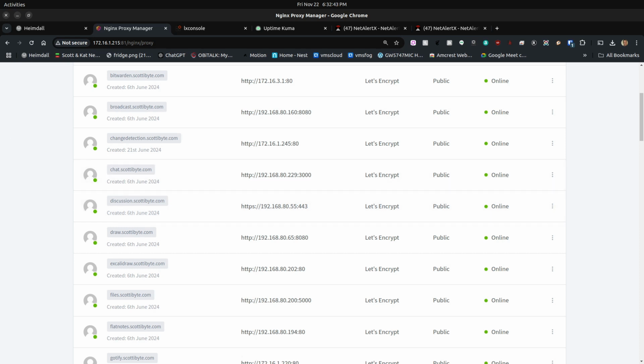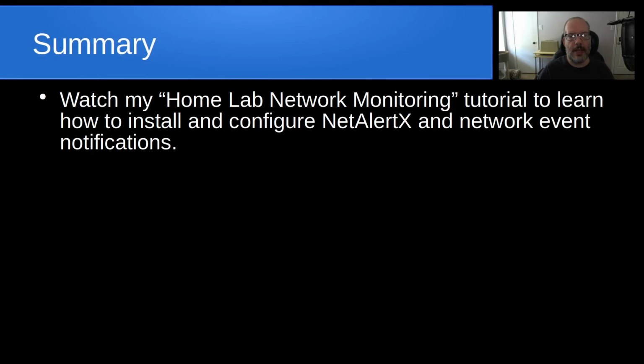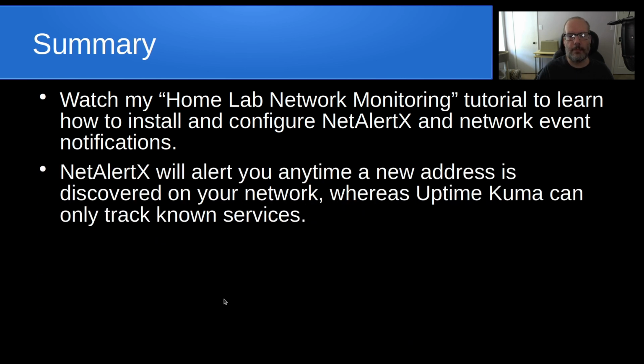So today was really all about trying to get a reasonable process to back up your home network and to allow you to restore it in the event that you were going to upgrade or change to a new router. So in summary, watch my Home Lab network monitoring tutorial to learn how to install and configure NetAlertX and your network event monitoring notifications.